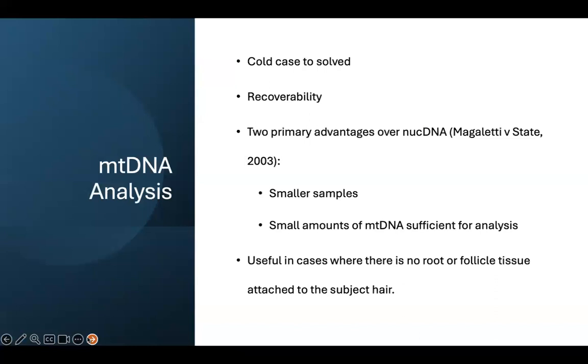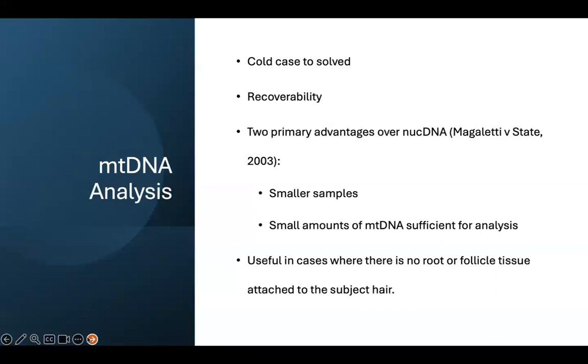Recoverability. Mitochondrial DNA has greater copy numbers and an additional mitochondrial membrane, as Gutierrez mentions. This membrane protects the genetic material from degrading. So mitochondrial DNA is beneficial for samples that have low amounts or degraded nuclear DNA.